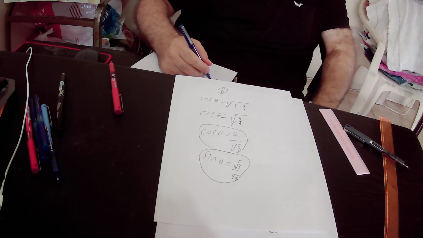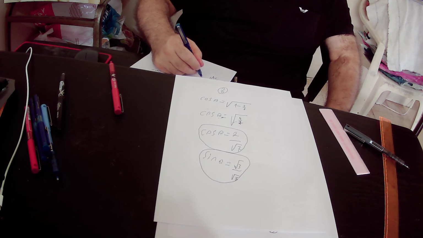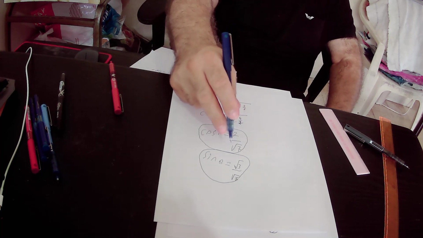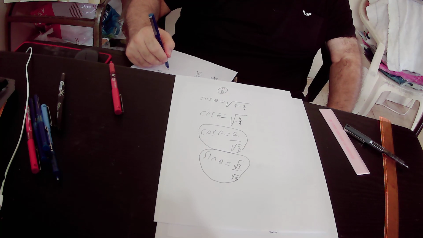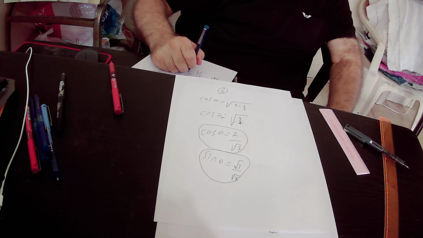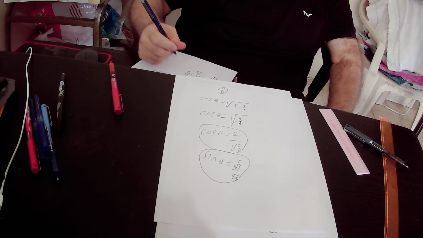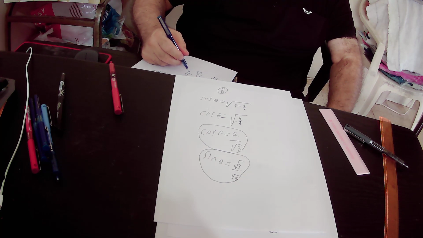Cosinus theta equals 2 over root 7, sinus theta equals root 3 over root 7, and cosinus 150 degrees equals minus root 3 over 2.